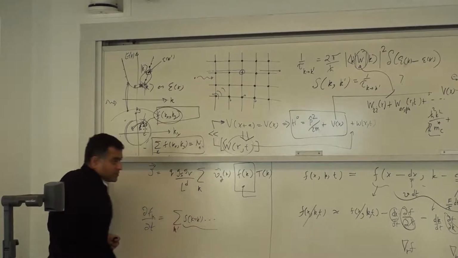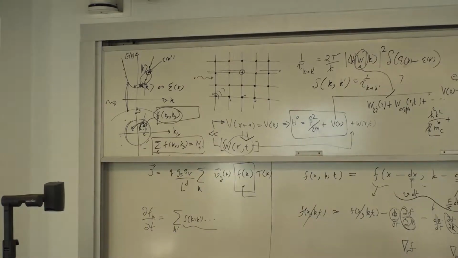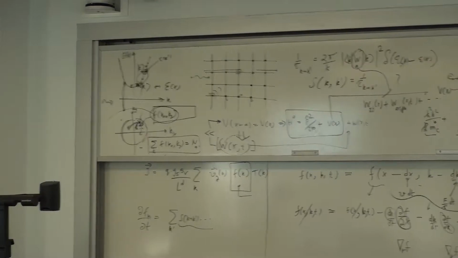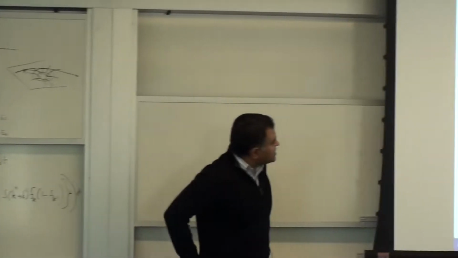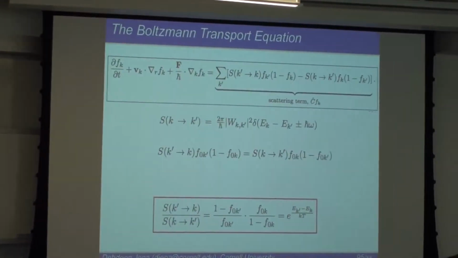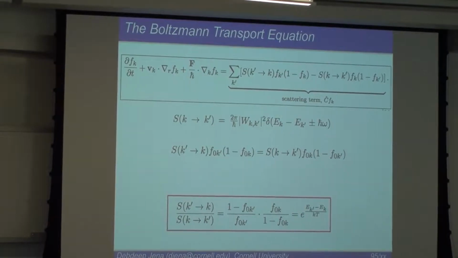All k primes. So there's your equation for the simplest case where we have no fields, no gradients in the distribution function, and so that is equal to that, right? But now you look at it carefully, and it's very interesting, saying that I have my distribution function, we have a time derivative, right?